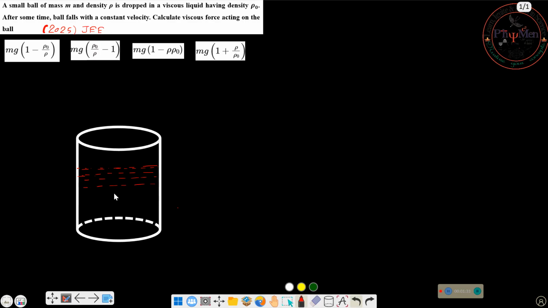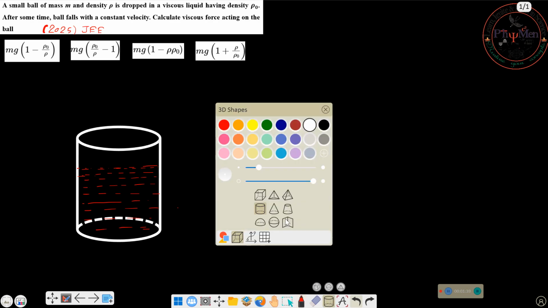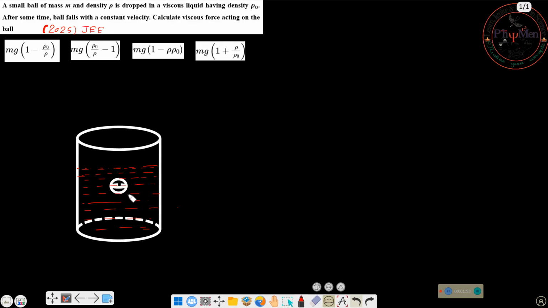Rho naught is the density of the liquid, as given. And this is the ball that falls in the liquid of density rho naught, and this ball has the density rho.